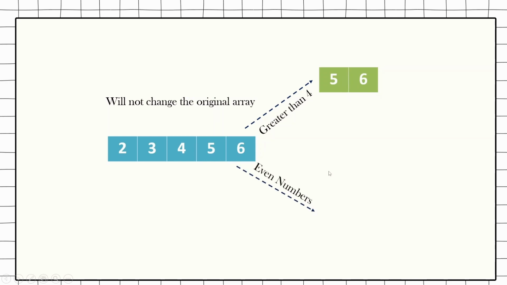Then second one, if I just want to find even numbers, so 3 will be filtered out and also 5 will be filtered out and I will be getting the result as 2, 4 and 6. So using filter method, we are just going to filter the elements from an array and whatever condition it is getting matched, that will be our filtered array.